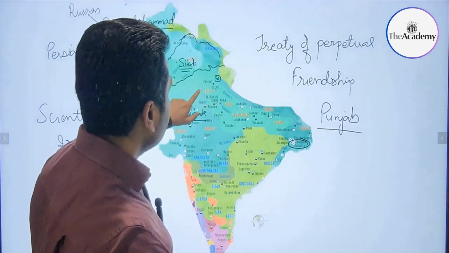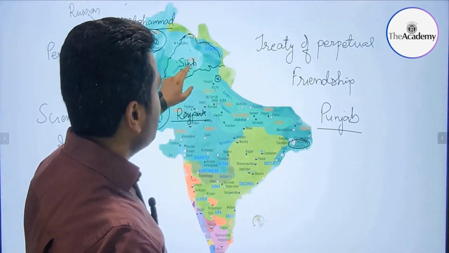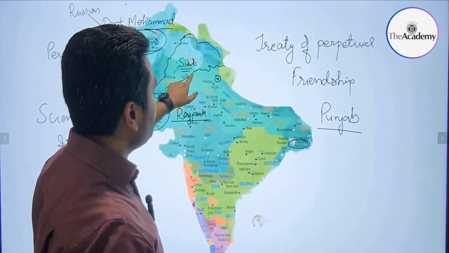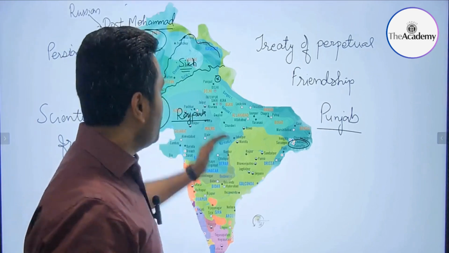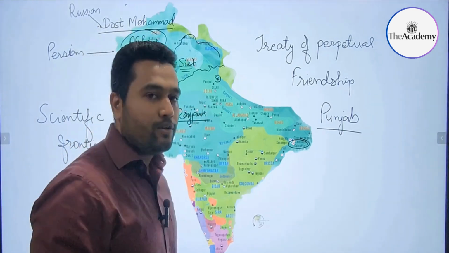Therefore the British signed a treaty with Maharaja Ranjit Singh that henceforth he shall restrict his activity north of the river Satluj, and south of the river Satluj was handed over to the British.